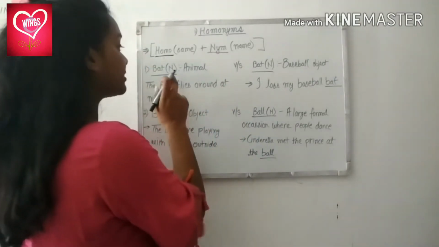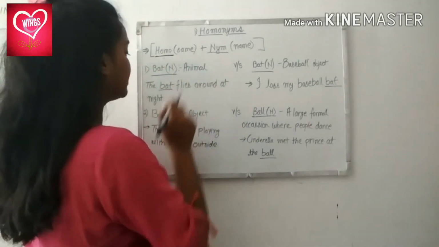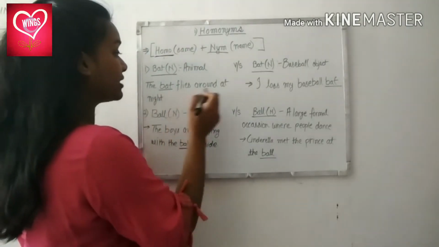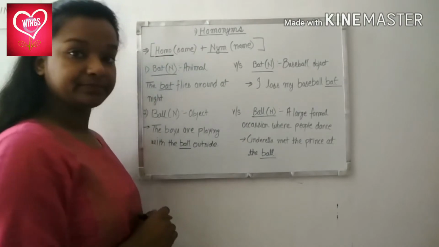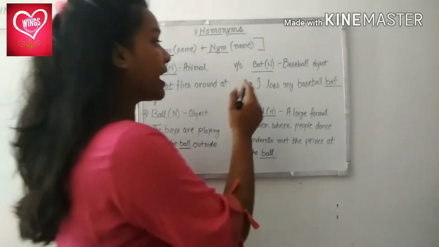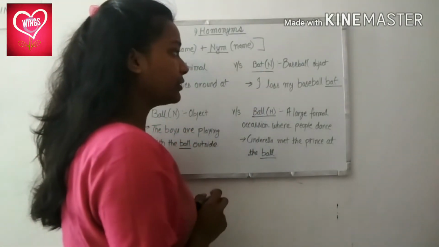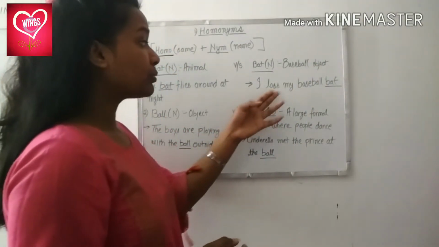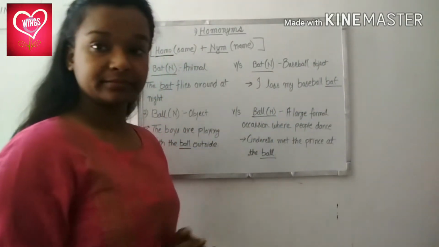The first bat is a noun, that means animal. For example, the bat flies around at night. The second bat is also a noun, that means baseball object. I lost my baseball bat.